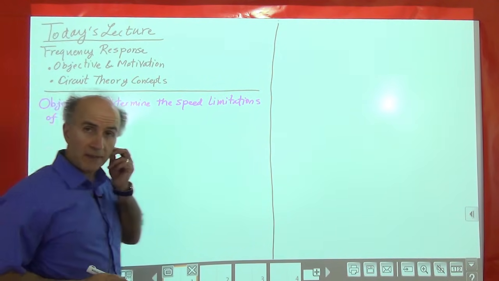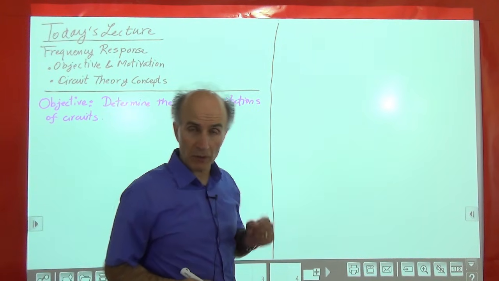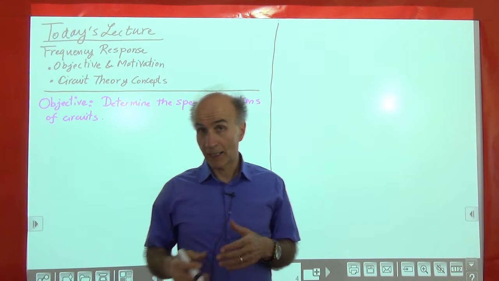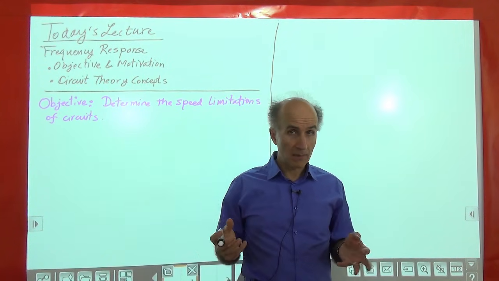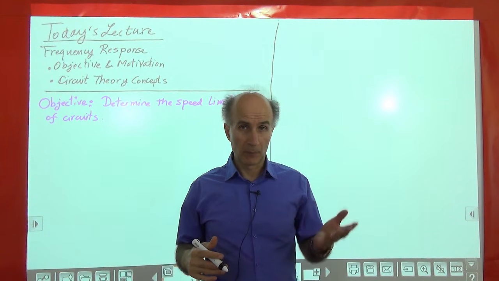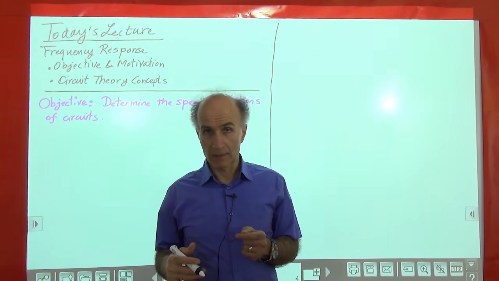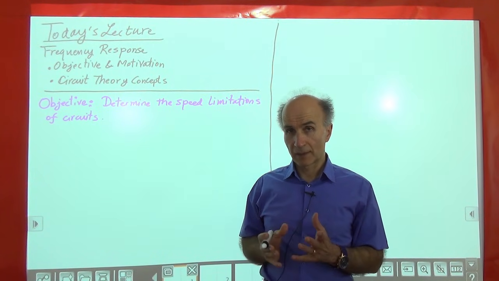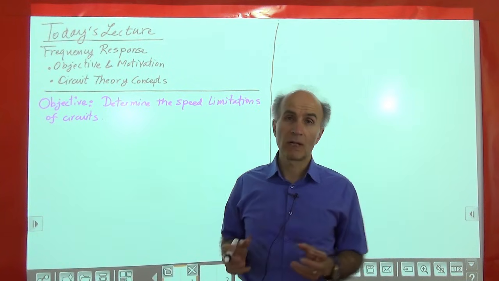Okay, so we have seen many different types of circuit topology so far in Electronics 1 and Electronics 2. We have calculated their voltage gains, maybe sometimes the input and output impedances and other properties. But we have never asked ourselves, how fast can these circuits run?